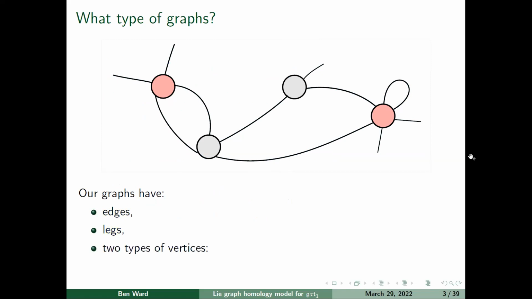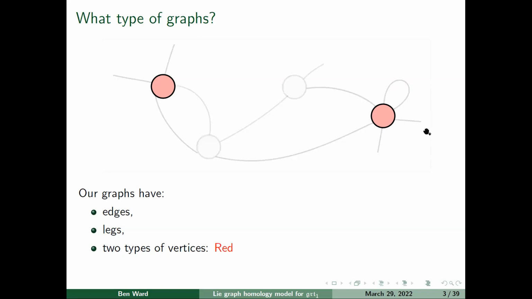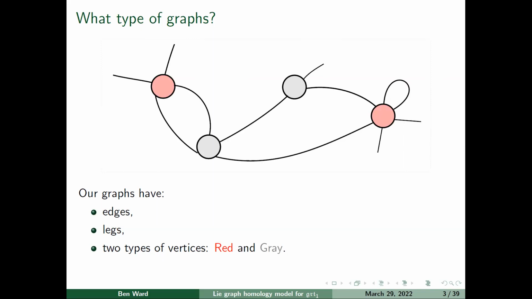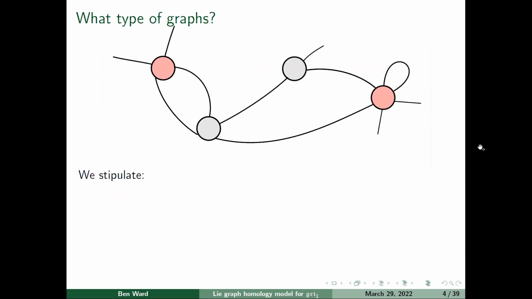And you see here two different types of vertices. So I've drawn them in red and gray. So the red ones here and the gray ones here. And I picked those colors because somehow the red ones are like the heart of the matter and the gray ones are sort of boring. That's the idea. And then we also have some stipulations.